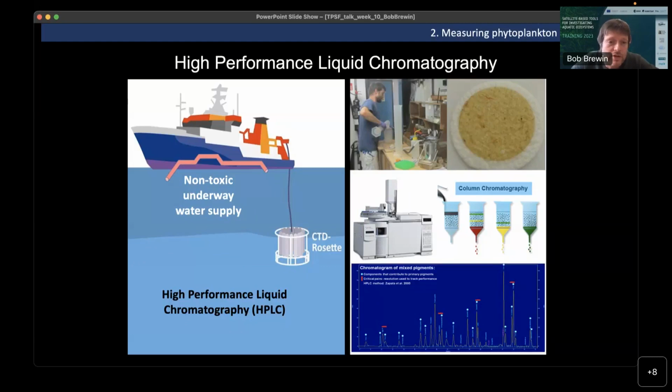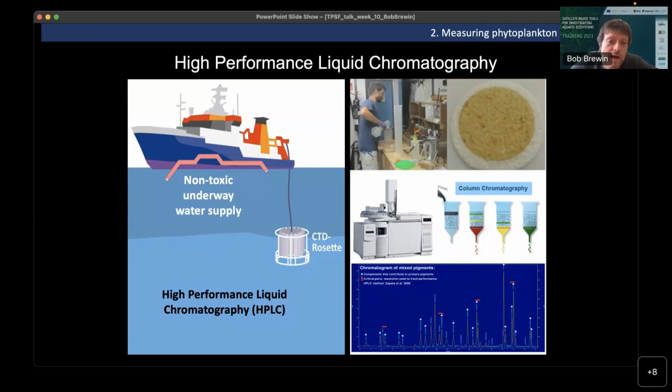So similar to the fluorometric methods, you filter onto a GFF or glass fiber filter, you typically flash freeze it in liquid nitrogen, put it in the -80 freezer, and then when you have the time, you can take that sample out, you can put it in some chemicals to extract the pigments, and then use column chromatography in order to separate out those pigments and measure them using high performance liquid chromatography.